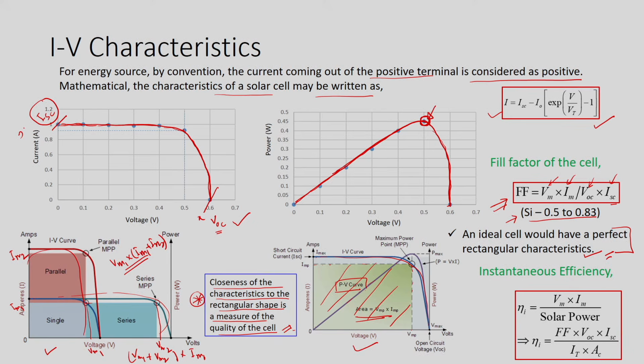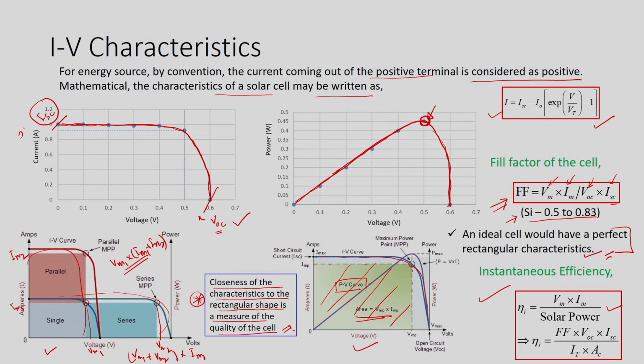We can also define the instantaneous efficiency. If I am interested in knowing the maximum instantaneous efficiency of a solar cell, it can be calculated using a simple expression: Im multiplied by Vm divided by the solar power, meaning the amount of solar radiation received by the solar cell. Since we already know the expression for FF, we can relate instantaneous efficiency to fill factor.